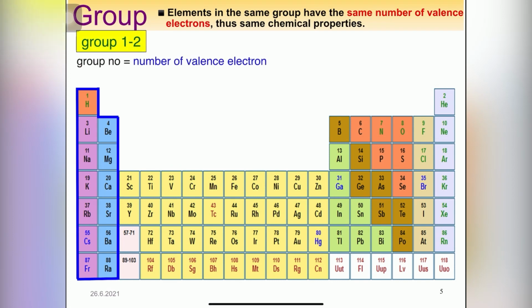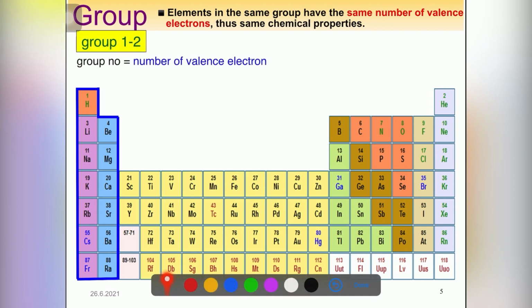This is group 1 and this is group 2. Group number is equal to the number of valence electrons.